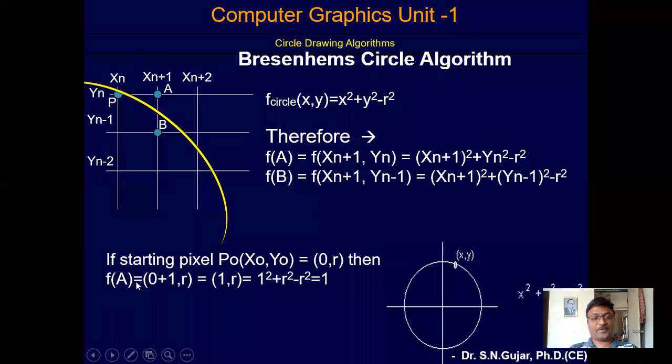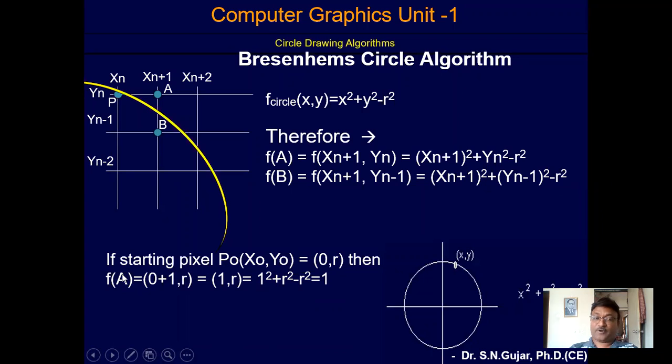So what does f of a become? xn is 0 plus 1, and yn is y0, which is r. So it becomes (0 plus 1, r). Now suppose I put the square: 1 square plus r square minus r square, the r squares cancel, and only 1 square remains, which is 1. Understood? This is for f of a.